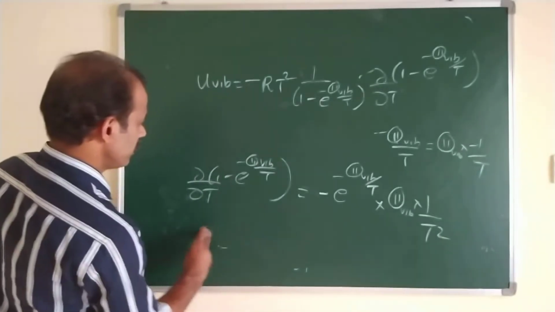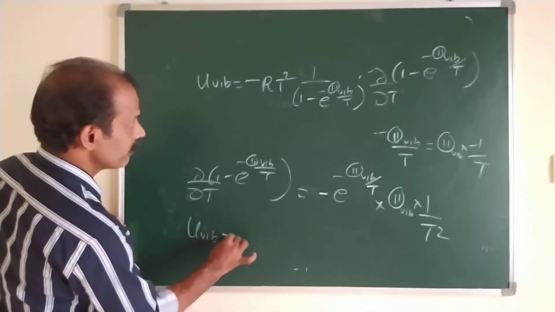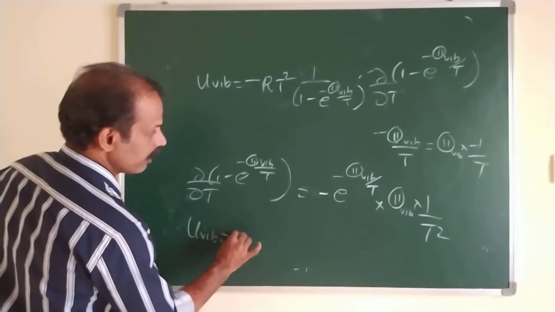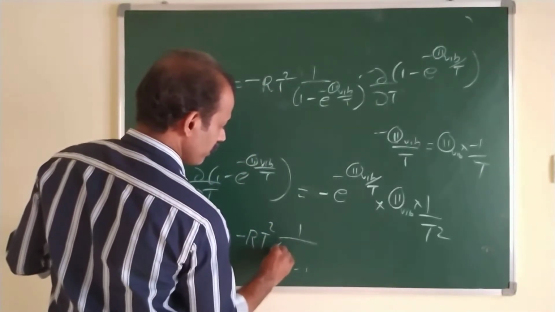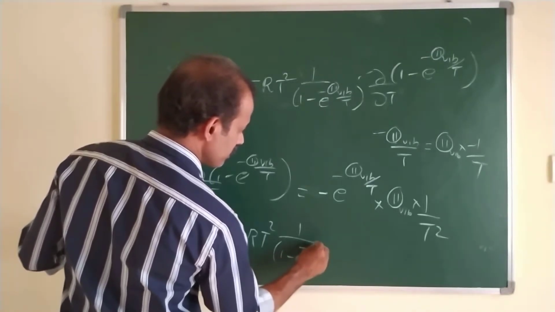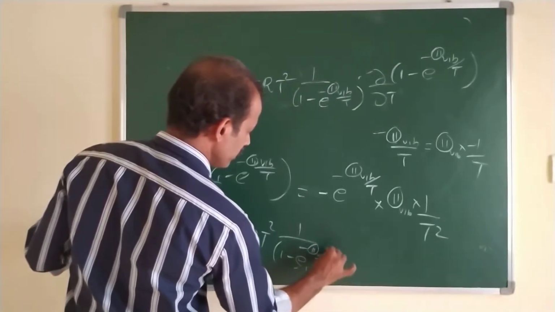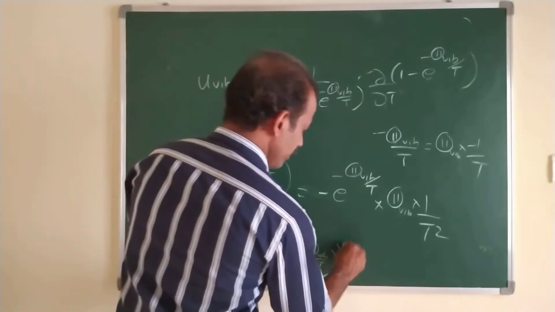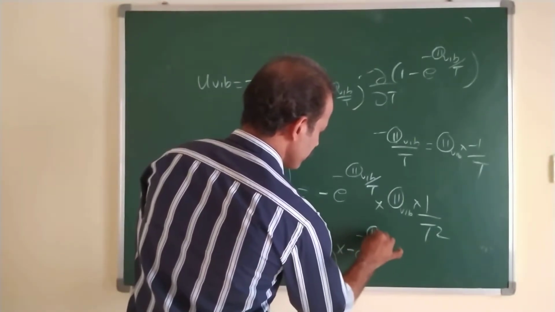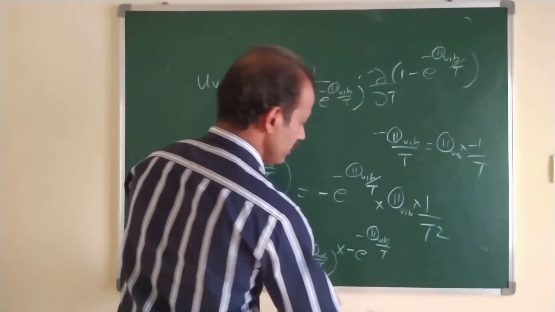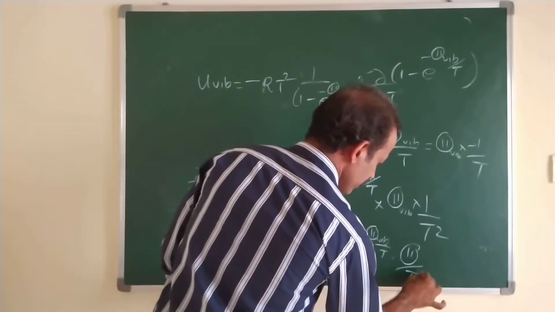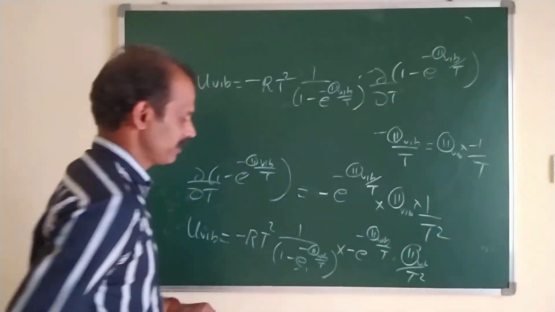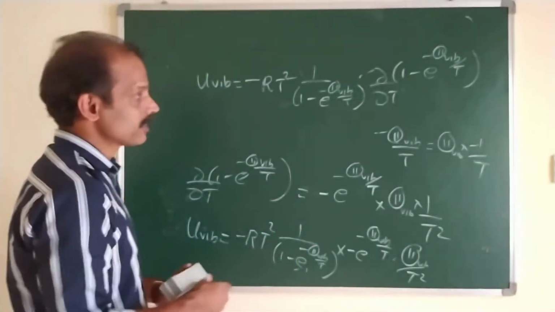So we get U vibrational equal to minus RT square into 1 by (1 minus e raised to minus theta vibrational by T) into minus e raised to minus theta vibrational by T into theta vibrational by T square. This minus into minus becomes plus.